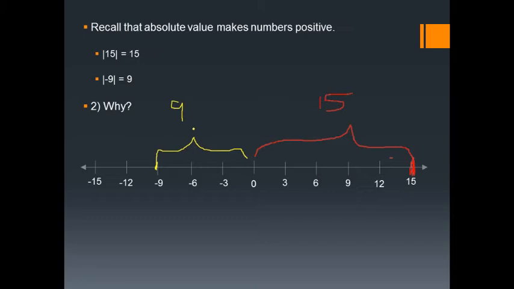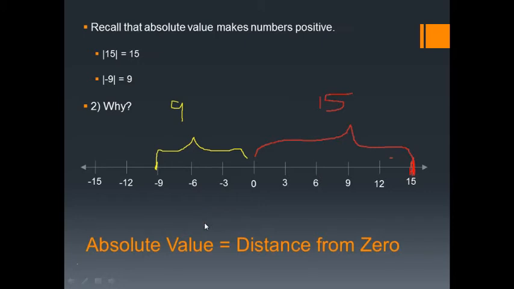Negative 9 is 9 places away on the number line from 0. That's what absolute value does. That's its whole point in being, it measures how far a number is from 0. Absolute value is just the distance your point is from 0.